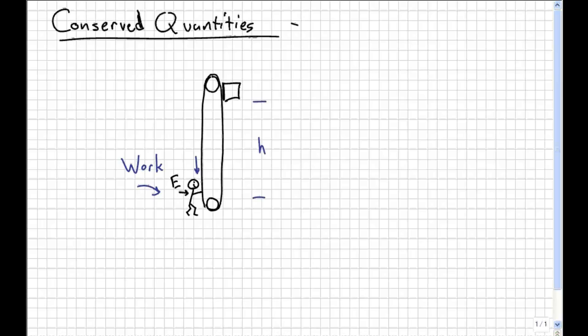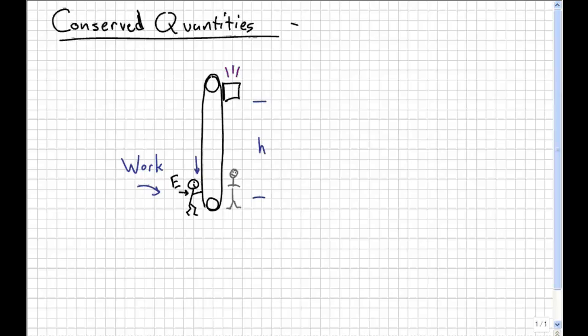Now, maybe this guy has some shenanigans in mind, and he's waiting for some unsuspecting individual to walk below, so that he can let go of the rope, and this box will release the energy that was given to it by this dude doing work.